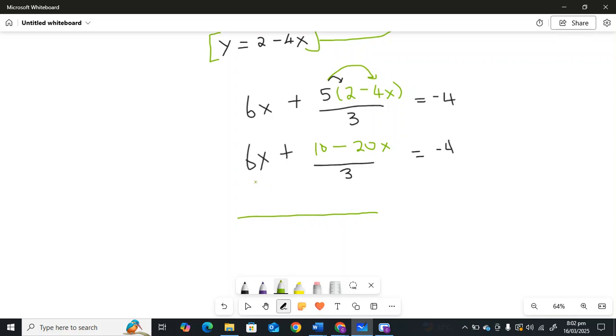Common denominator is 3. 3 times 6x is 18x, plus this 6x, you can think of it as over 1, 1 times 10 minus 20x, you get 10 minus 20x.